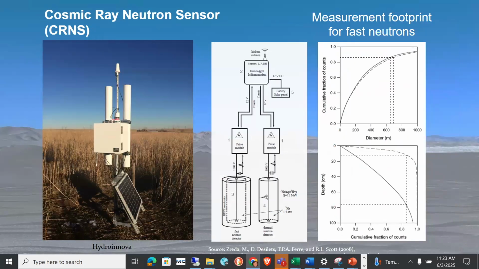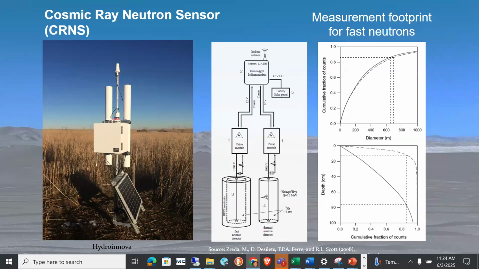This is a picture of the sensor in our field as well as a schematic. On the right, you can see that there's a distance effect. We talked about maybe 200 meters as a practical length; some of the early publications had this diameter going to 700, so 350 meters radius, but it does taper off.